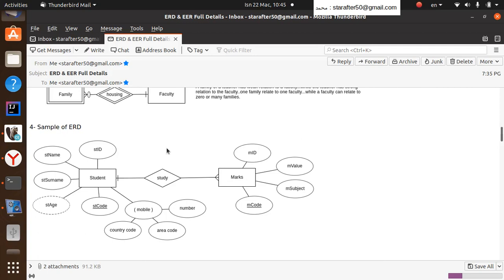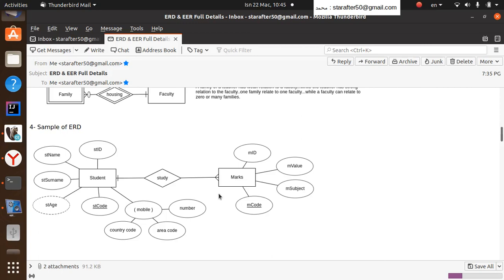And a diagram could resemble something like this. The final diagram, when you use the entity, the relation, the attributes, the cardinalities and ordinalities, will resemble something like this.